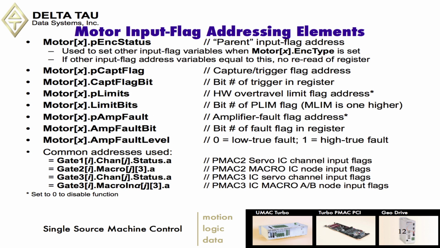Notice it's using the alias name. It will always report the alias name. I can type in Gate3[0].Chan[0].StatusA, but it will always report back the alias name. So notice it reported back the alias name. We could also ask for its bits.